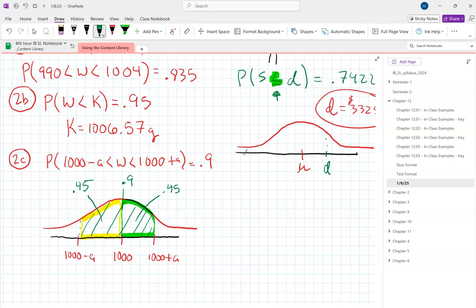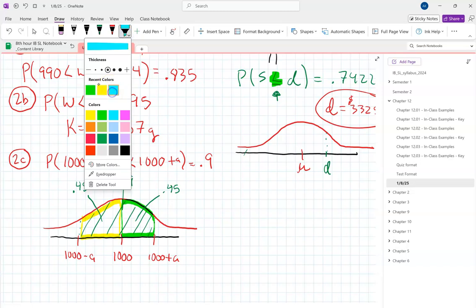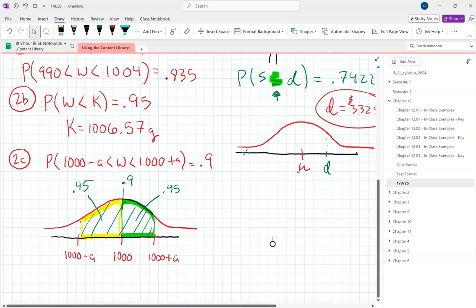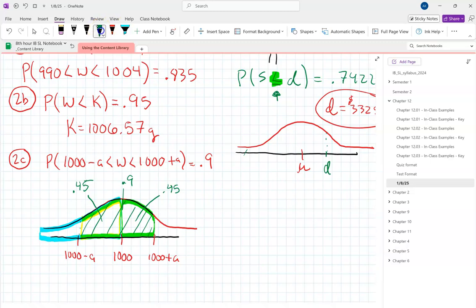Everybody's okay with that? I tried my best to draw it so it looks symmetric. Sometimes your art skills fail. Okay. And then my final question to you is going to be, what is that area?